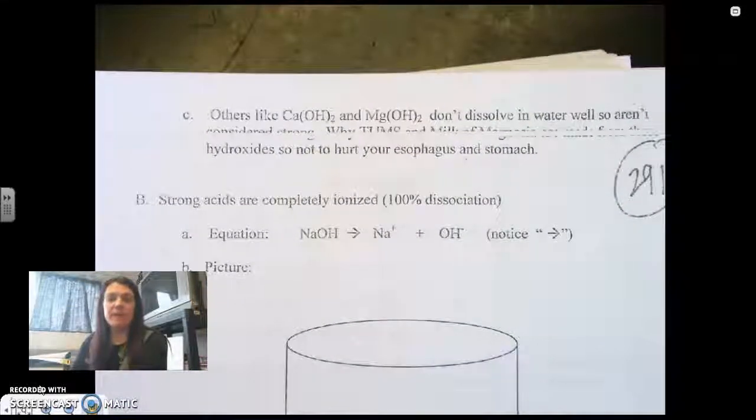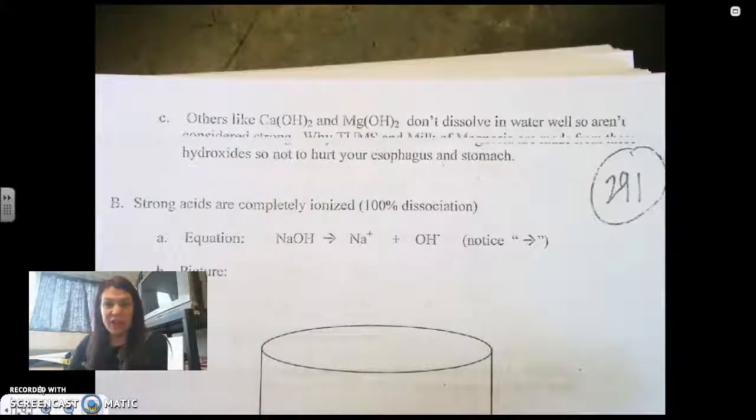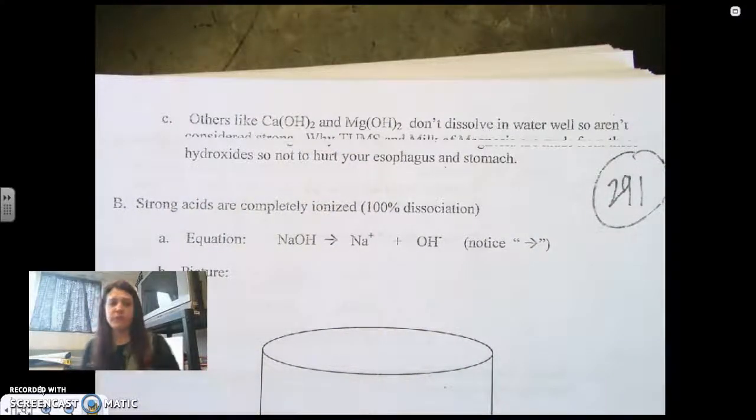There are others, like calcium and magnesium hydroxide, that don't really dissolve well but are considered strong. With Tums and milk of magnesia, when you get heartburn, the reason you take those is that they neutralize the acid you're putting up into your esophagus, and we'll talk more about that when we get to neutralization reactions.